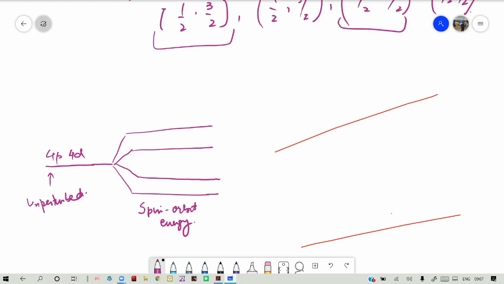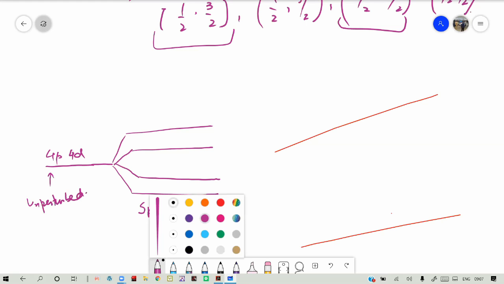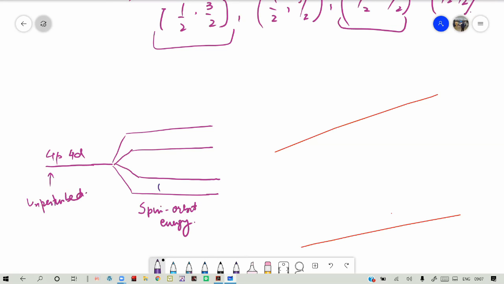So the combinations here will be 1 by 2, 3 by 2, the lower J values are lower in energy. This will be 1 by 2, 5 by 2. This will be 3 by 2, 3 by 2. This will be 3 by 2, 5 by 2.